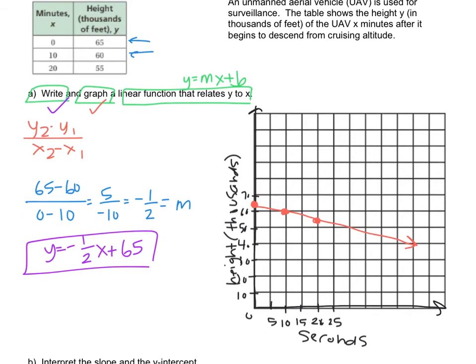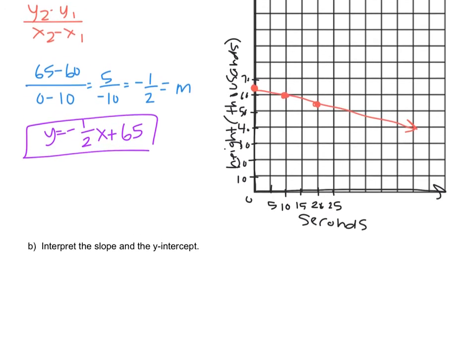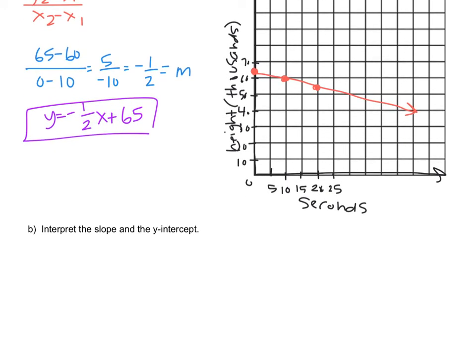And the next question is a doozy, and I don't know why, but a lot of kids forget what it means to interpret, and interpret means to write a sentence using the labels. So, negative 1/2 is the slope. What does that mean in terms of this drone flying in the air?